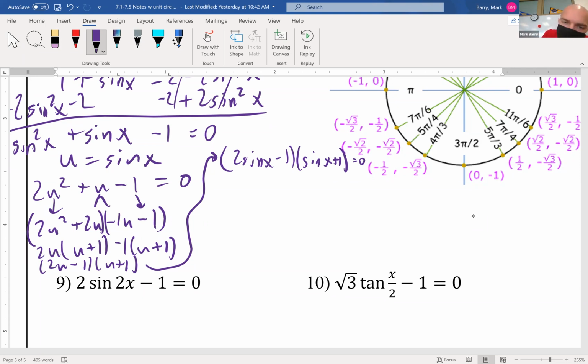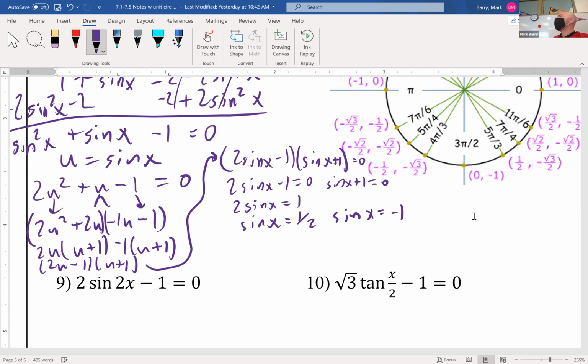So now we can split that up, set them equal to 0 individually, and solve. All right, so I got sine x equals 1/2.